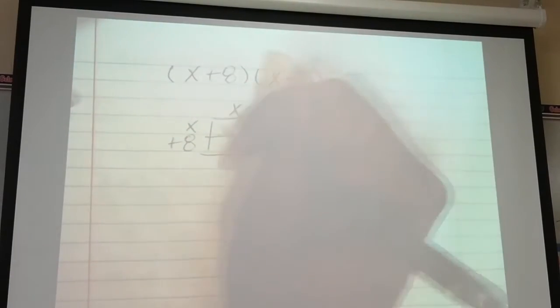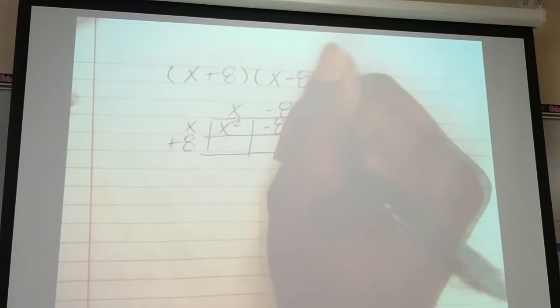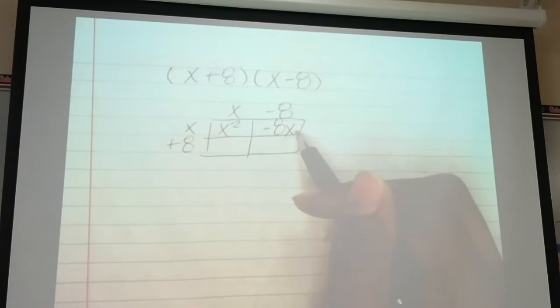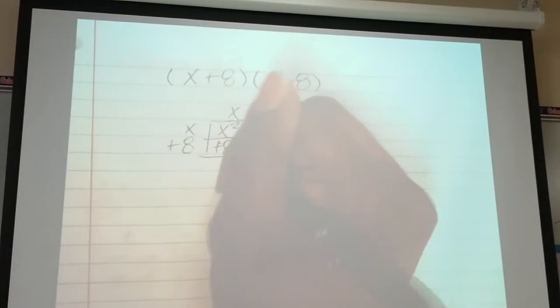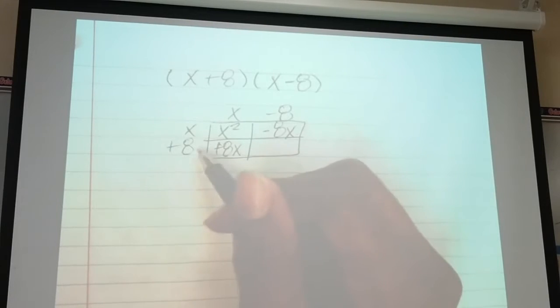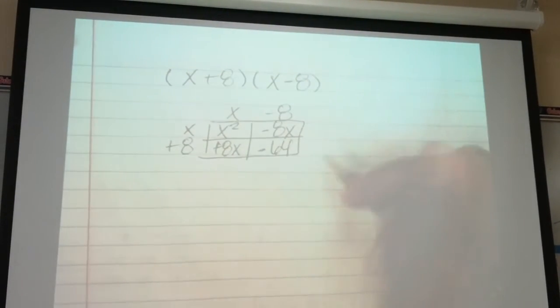X times x is x squared. X times negative 8 is negative 8x. 8 times x is a positive 8x. 8 times negative 8 is negative 64.